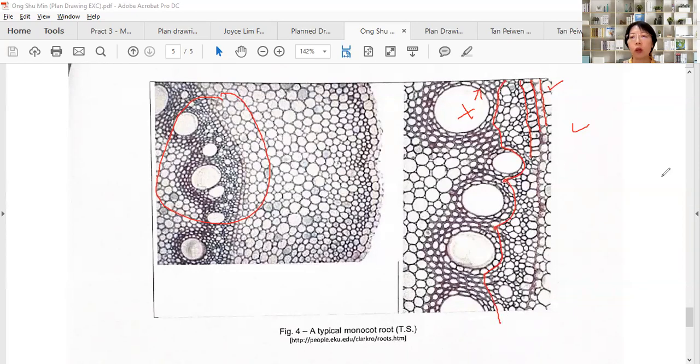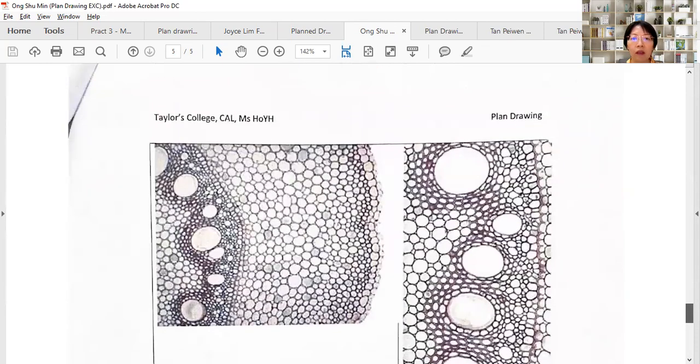So then I've finished my job already. This is phloem. This part here is xylem. Finish. And then plus the endodermis and pericycle. Finish. That's all. Of course, in here, you still have to draw the epidermis, and label this as cortex.